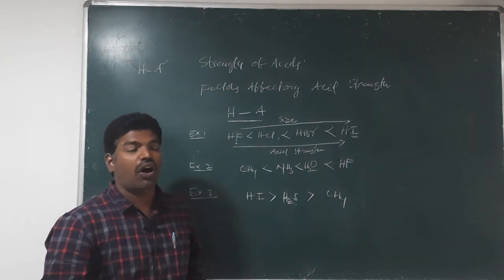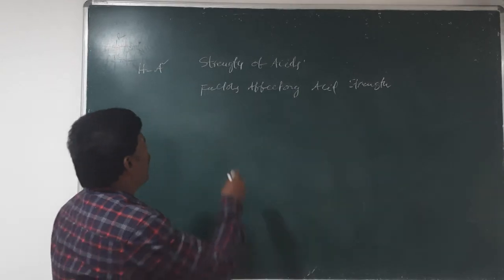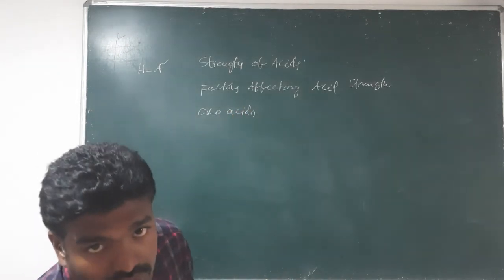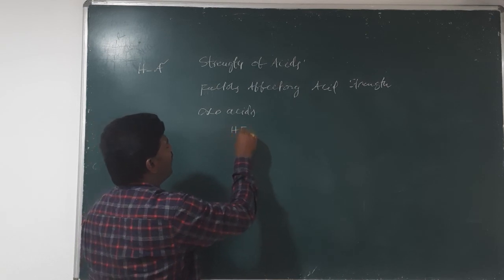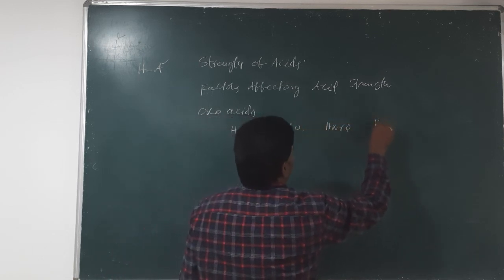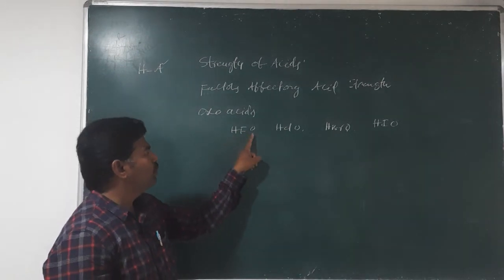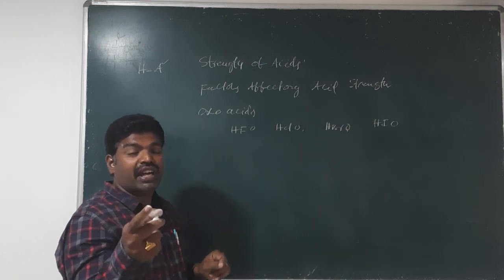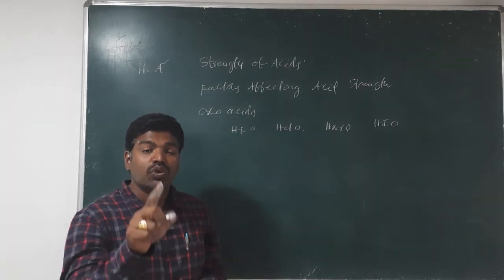What happens in the case of oxo acids? When we are comparing the acidic strength of oxo acids of the same group, for example, HFO, HClO, HBrO, HIO, with increasing electronegativity, we should consider the central atom.